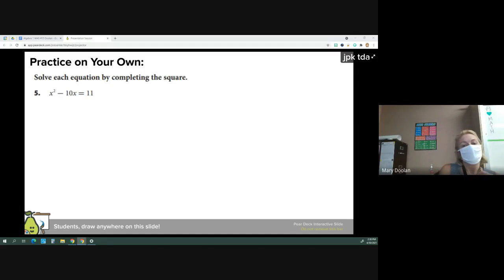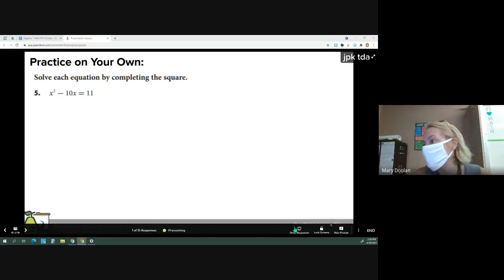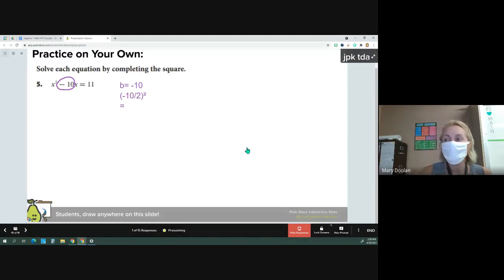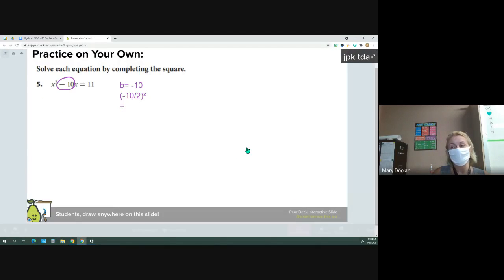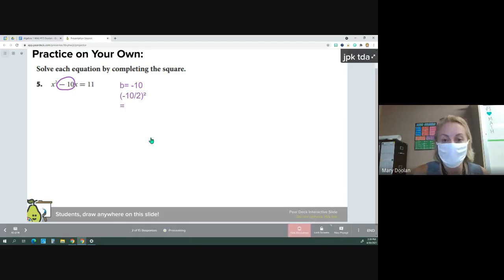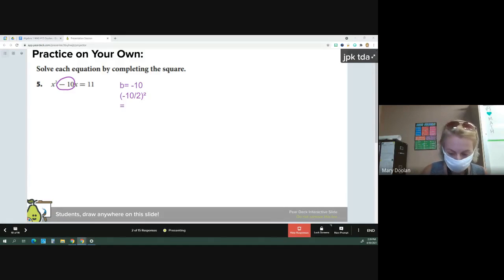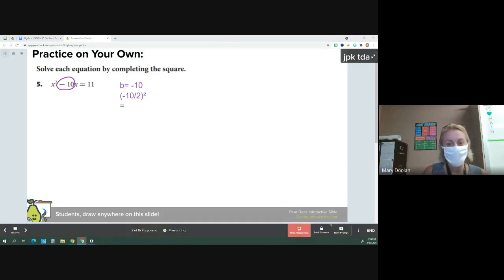PEMDAS order says to do what's in the parentheses first. So we want to take -10 and divide it by 2 first. That'll give us -5. I'm going to keep those parentheses up because -5 is what I need to square.